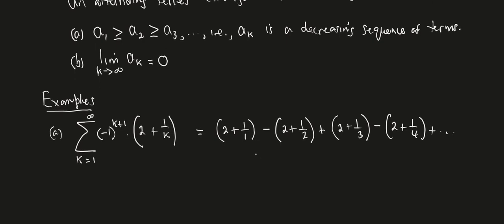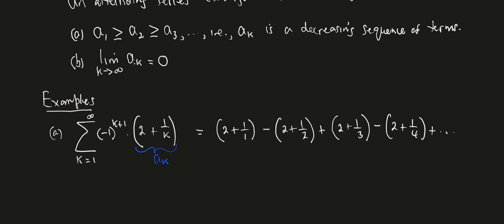Let me highlight something important. Here is the a sub k. I can look at this and see right away that condition B, the second condition, that as k goes to infinity the terms have to approach 0, is not satisfied by this set of terms.